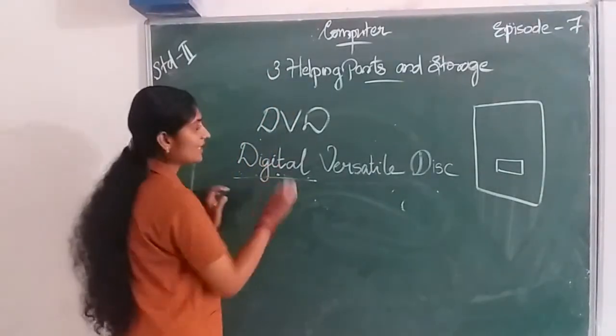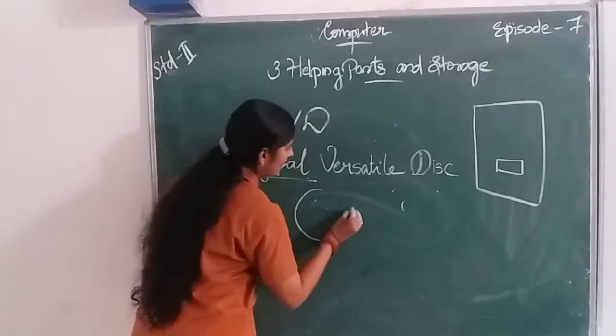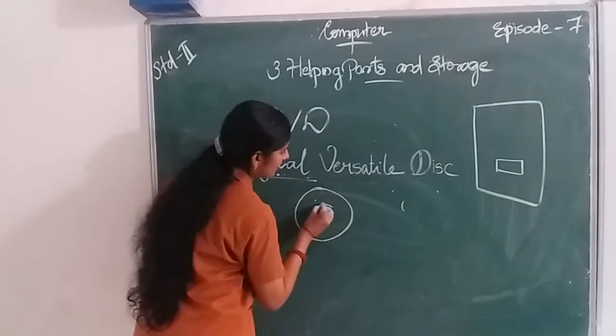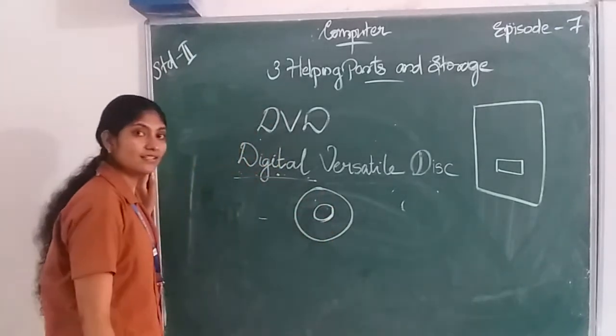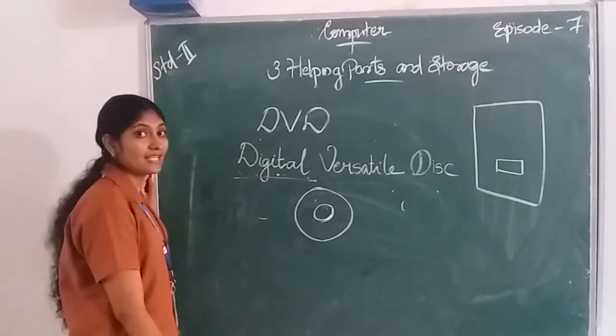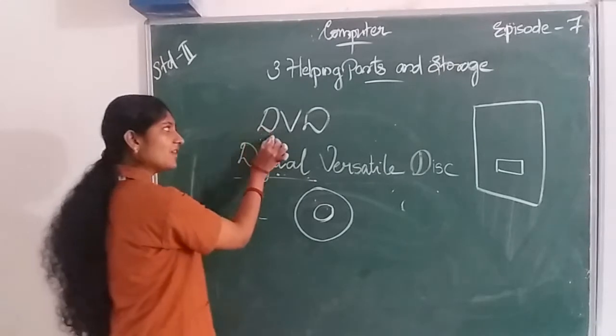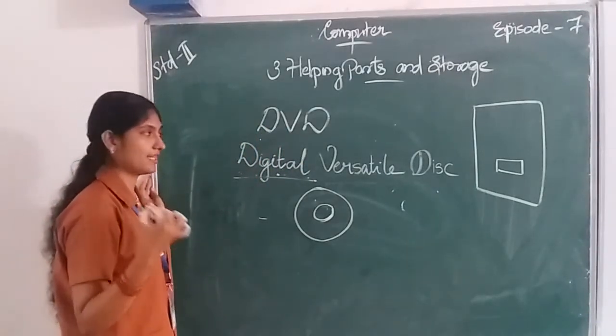And DVD looks like a CD. That means it is also a round or circular shape. But DVD holds more information or more data than CD.